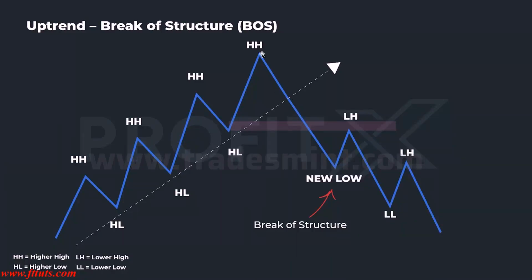But what happens is price goes below this higher low and creates what we call a new low. When it comes below this one, it breaks below this level and it breaks this higher low.